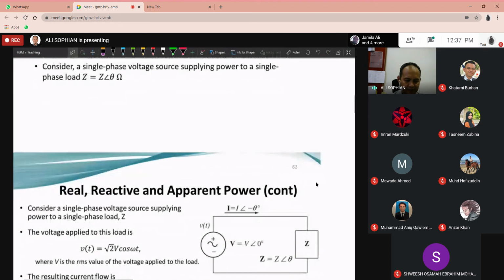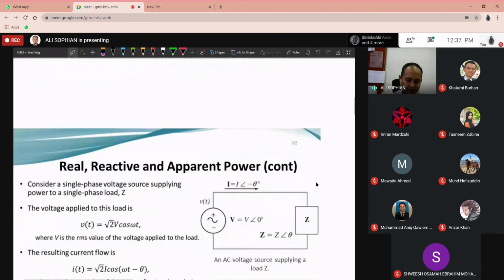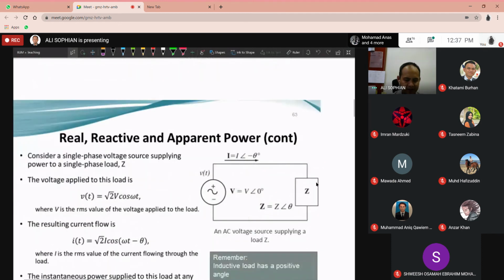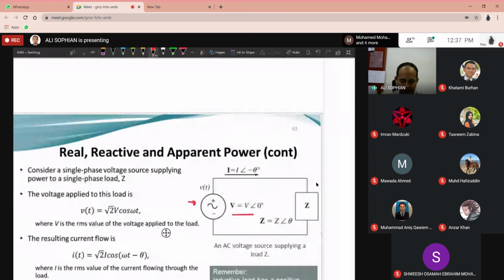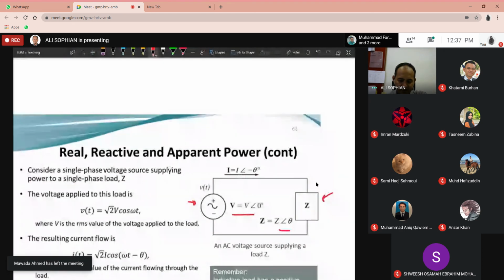So you've got this AC voltage supply, sourcing voltage V angle 0, and then this is the load with impedance Z angle theta. And because it's already a closed loop, current will flow.